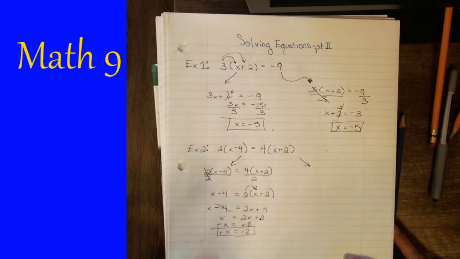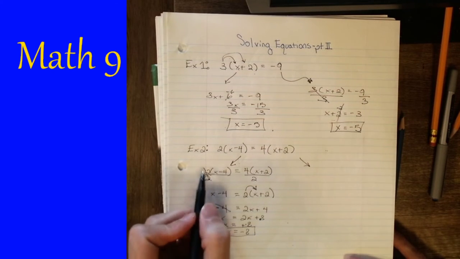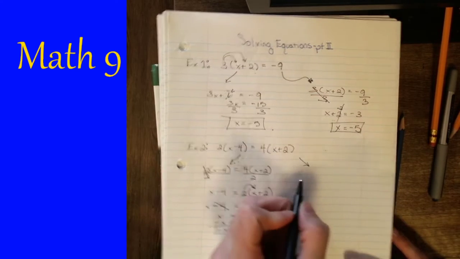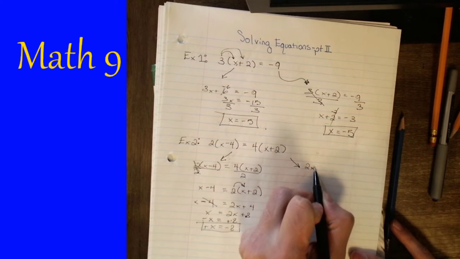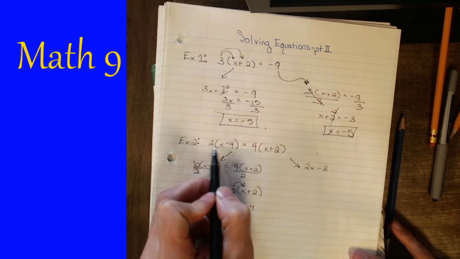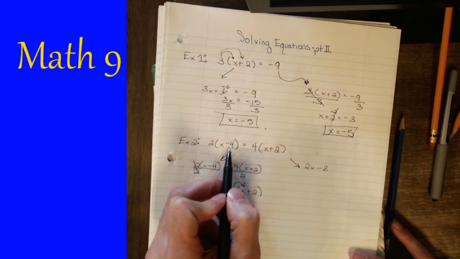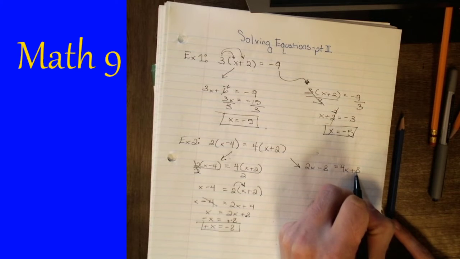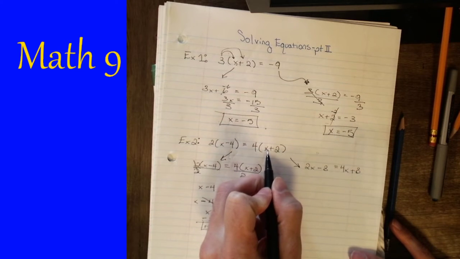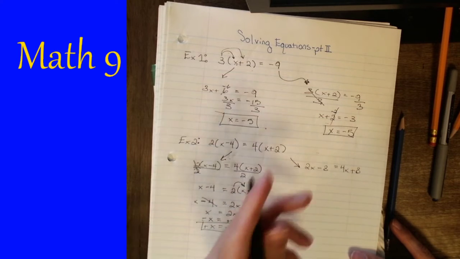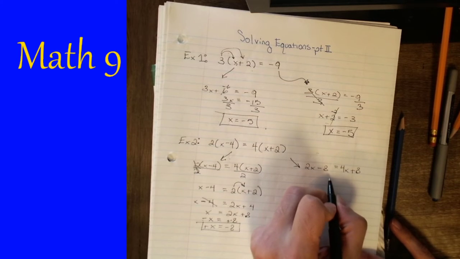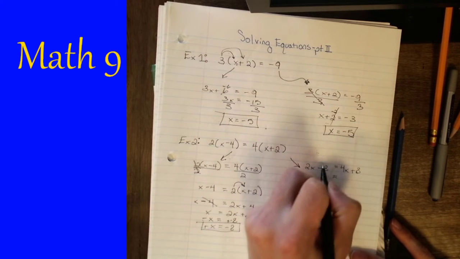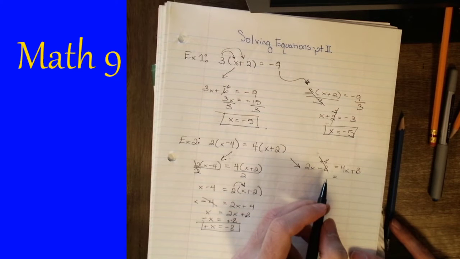Another way to do this might be just to not do this division, but actually just expand everything out to begin with. So if we expanded everything out, we'd have 2x minus 8. That's 2 times x, and 2 times negative 4, is equal to 4x plus, well, 8. 4 times x is 4x, and 4 times 2 is 8. So now we gather our like terms. I'll put all of the numbers on the right side, so I'll add 8 to both sides.